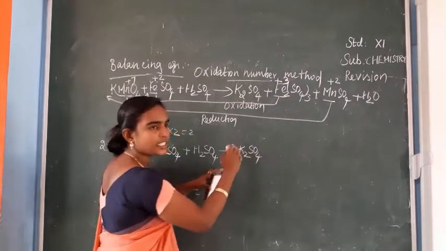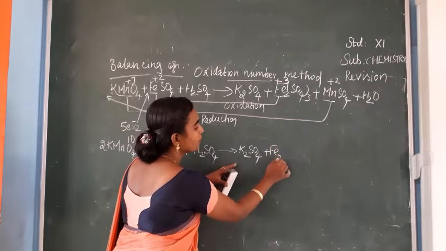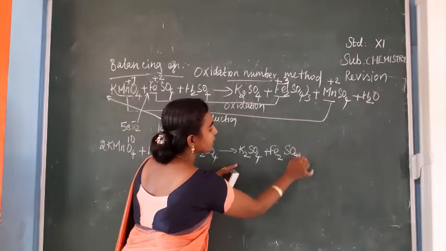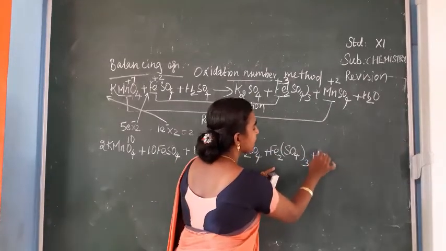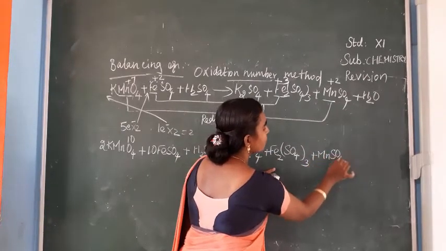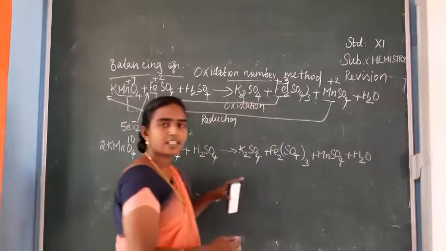There's no change in the product side, plus Fe2(SO4)3 plus MnSO4 plus H2O. Is it clear, students?